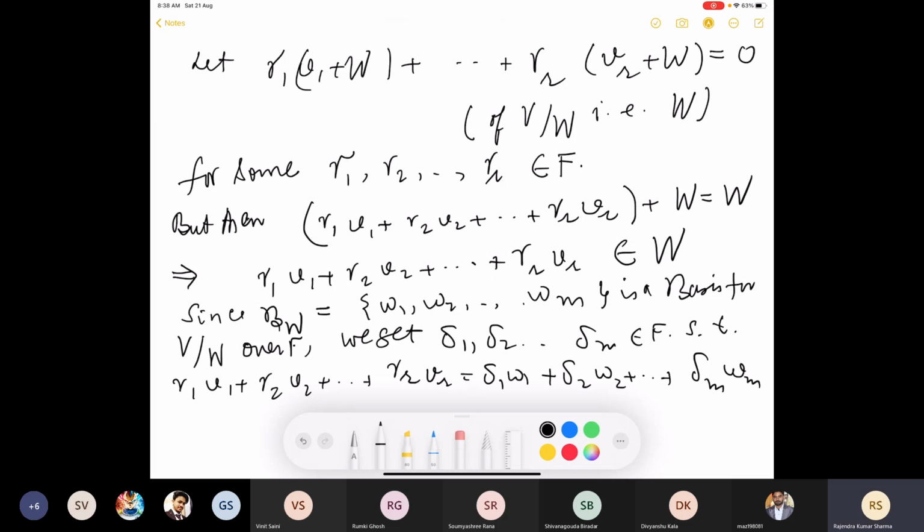So this is a linear combination, and we push everything on one side. What shall we get?